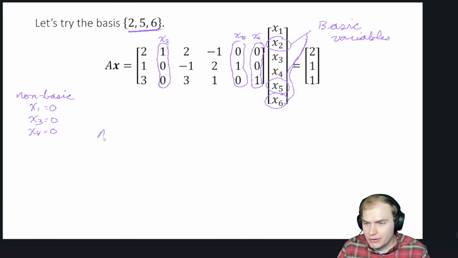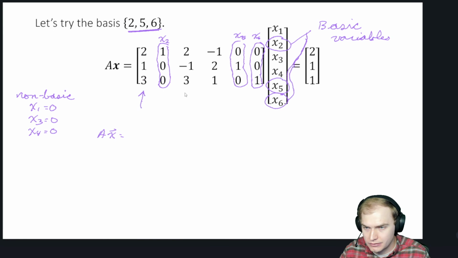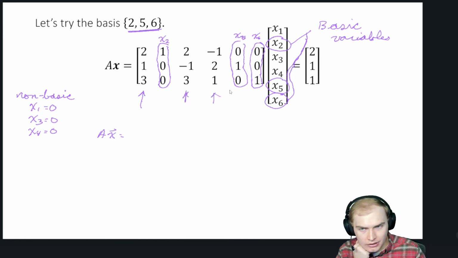And then we're going to think about Ax. Since x1 is 0, this column no longer exists or is no longer relevant. These three columns are no longer relevant since their associated variable is going to equal 0 in our solution anyway.